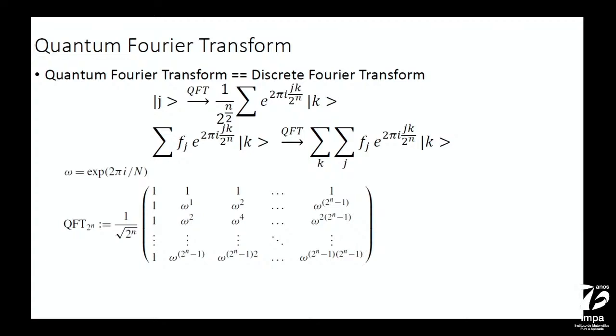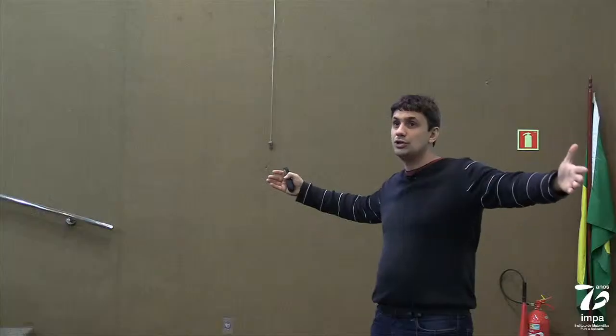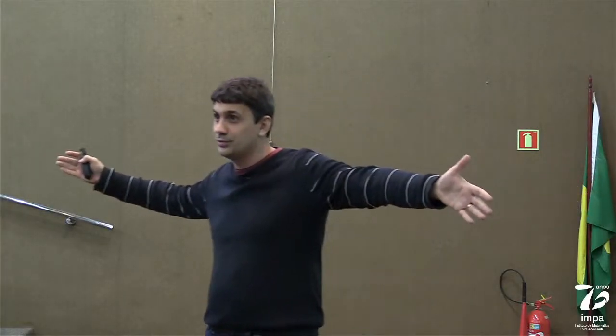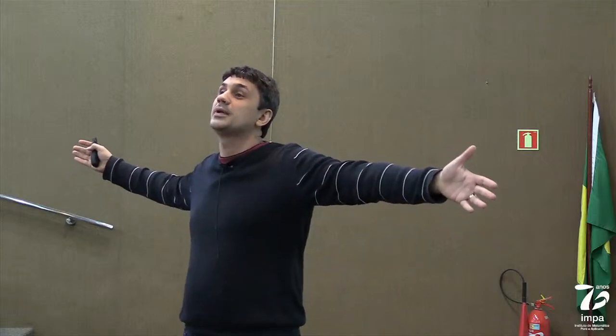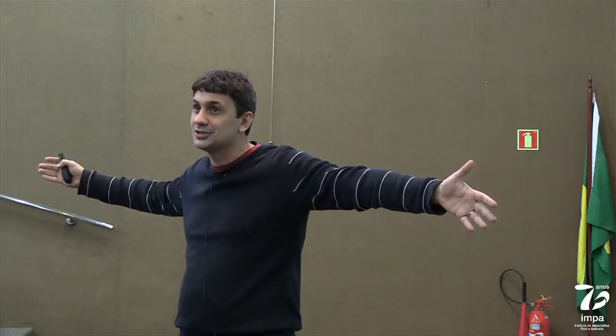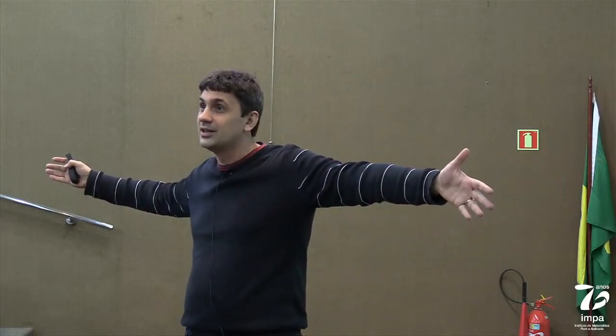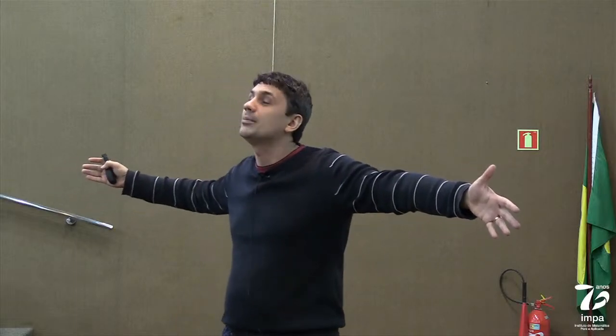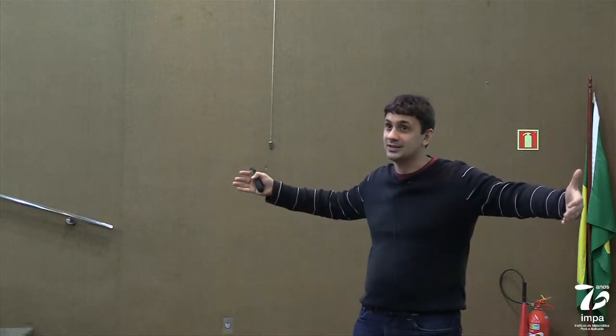This is outside of quantum Fourier transform. Of course, in general, if you just want to have a classical sequence of numbers, you need to upload it into a quantum computer, which takes exponential time. So you will not get an exponential speedup if you just want to use it as a classical thing.